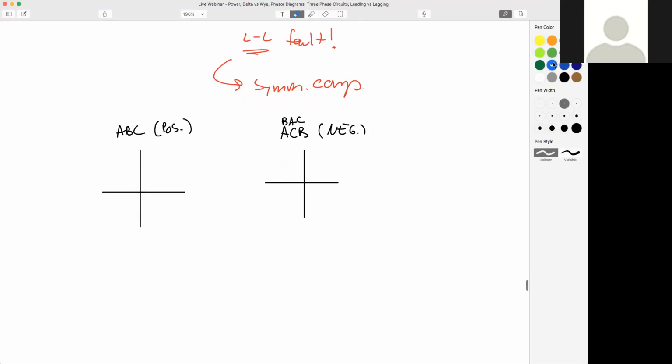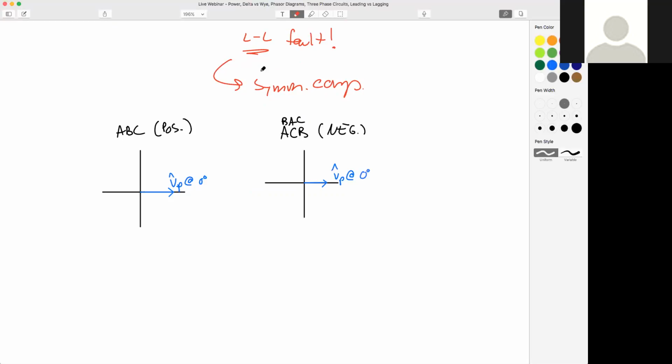So let's draw our phase. We'll keep our phase voltage unchanged. We're going to draw that in blue. So these are going to be both our V phase at 0 degrees. Okay, everyone okay with that notation? V phase at 0 degrees.